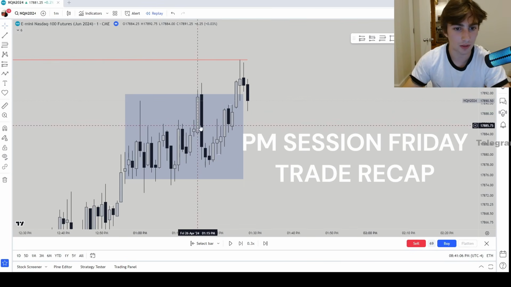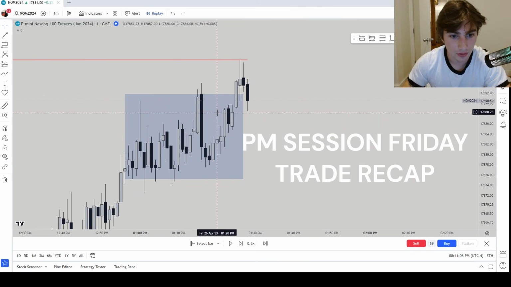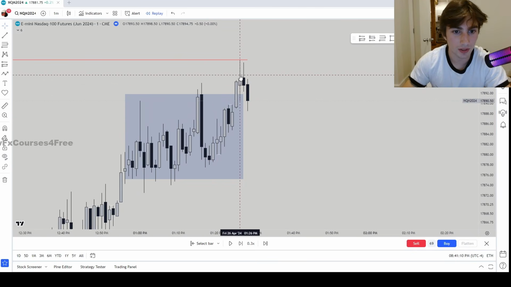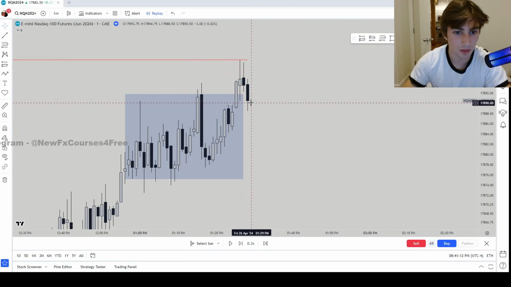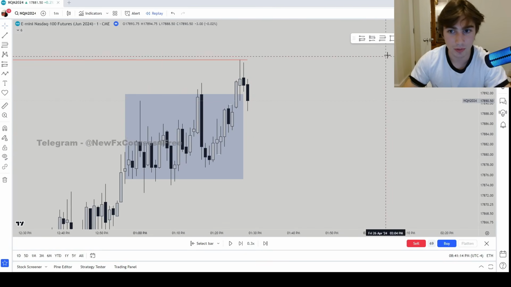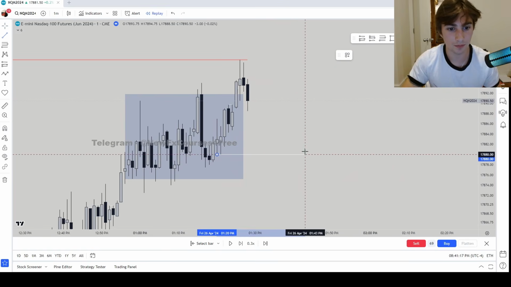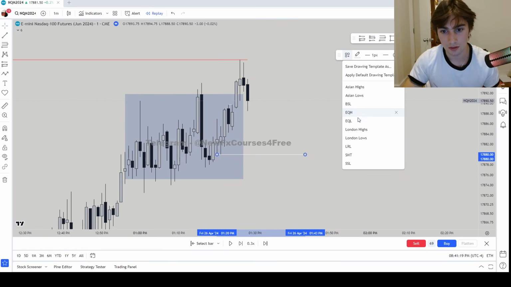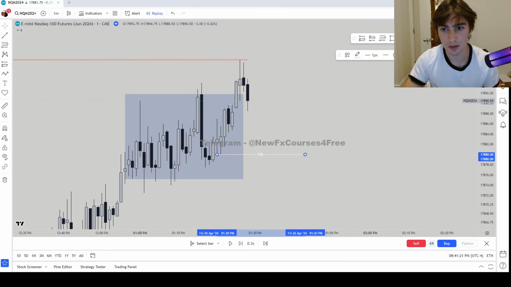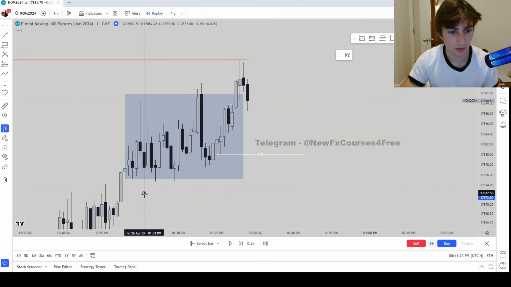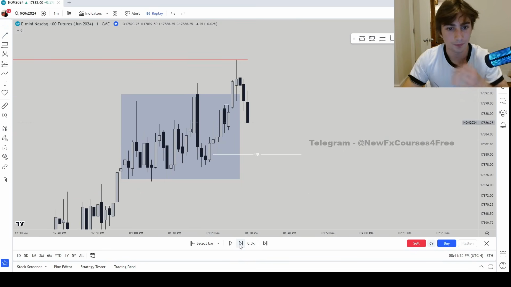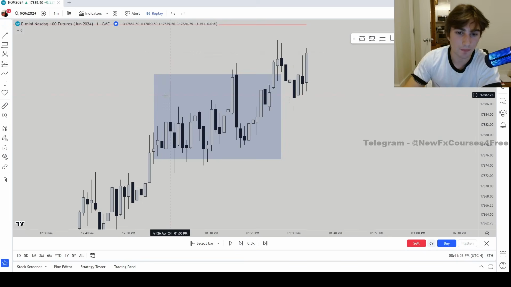We accumulate for a fat minute, and eventually we start manipulating out. This isn't too convincing of a manipulation though. We do have these equal lows right here, making some sort of PDI model here much stronger than what it already is. And we are right.